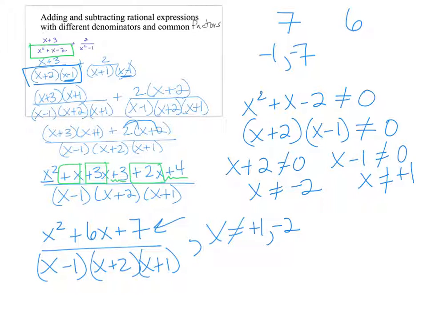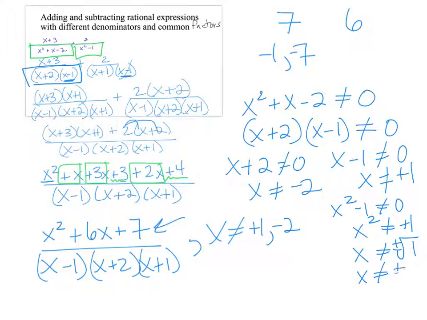And then the other denominator, so you always have to go back and make sure you take care of both. x squared minus 1 can't equal 0, so x squared can't equal positive 1, so x can't equal the square root of 1. So x can't equal positive or negative 1. So we already have positive 1, so we just have to include the negative 1 as well. And then that will be the domain covered for this question.